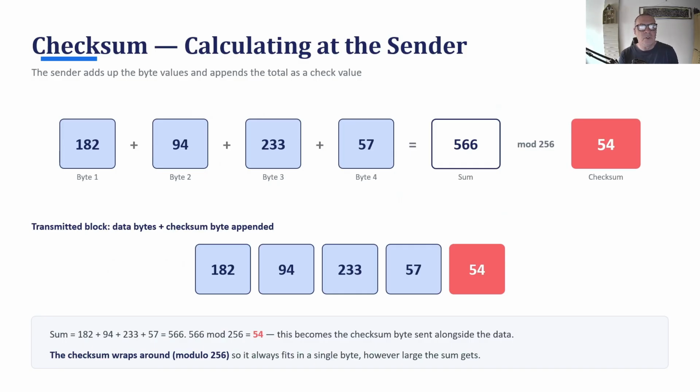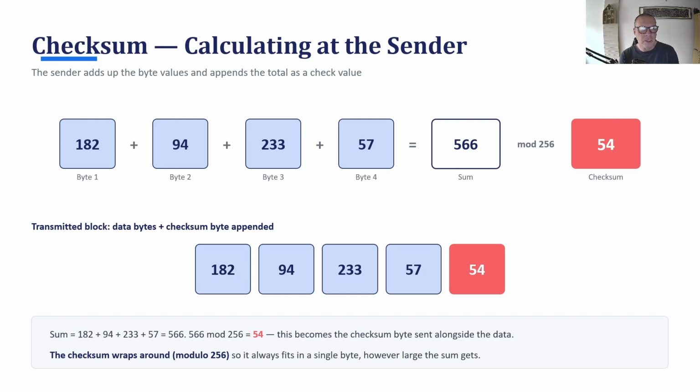Another method we can use for in-transmission verification is checksum. So for checksum, we add up values for bytes. So we're adding up byte 1, byte 2, byte 3, and byte 4 values. Of course, these are just binary values that we're dealing with.